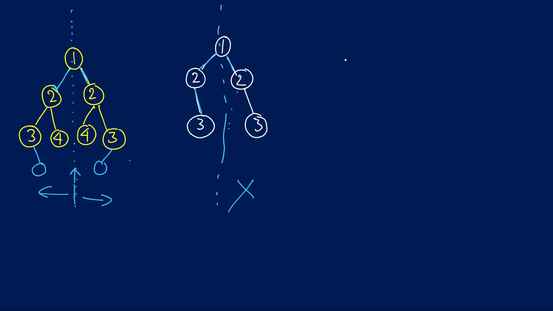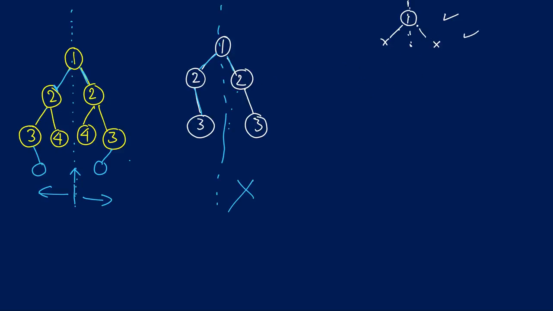So how can we solve this problem? First, if root is null, then obviously we can return true because there is no such tree. If there is only one node, then also it's correct, because if we divide it with a mirror, here it's null, here also it's null. So this is also valid.